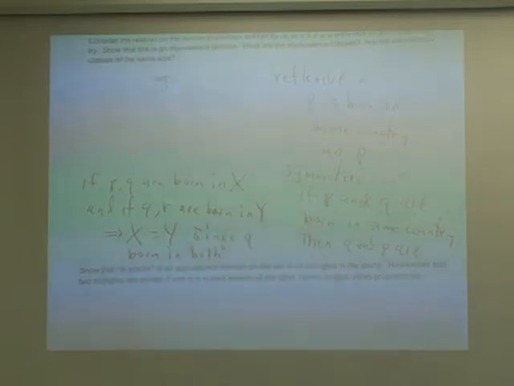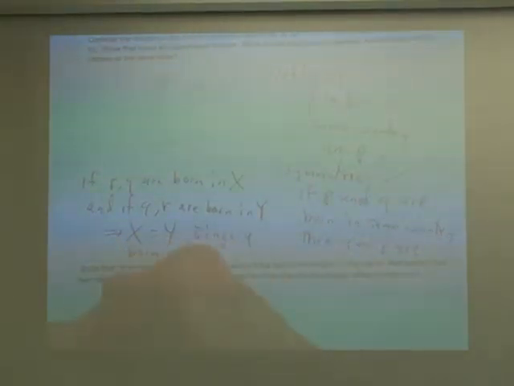How do I know that X must be Y? Q can't be born in two places. Perfect. It implies X equals Y, since Q was born in both. Therefore, I guess we conclude that P and R are born in X. And we have transitivity.